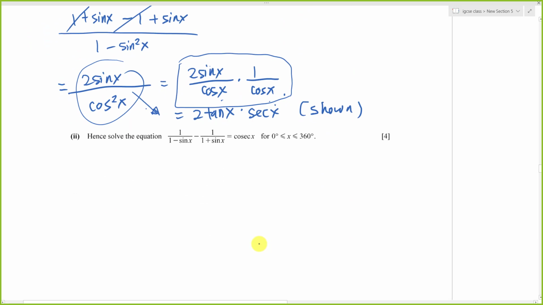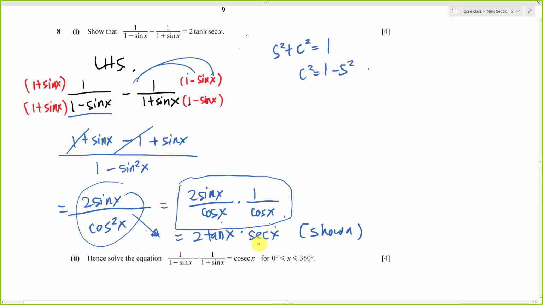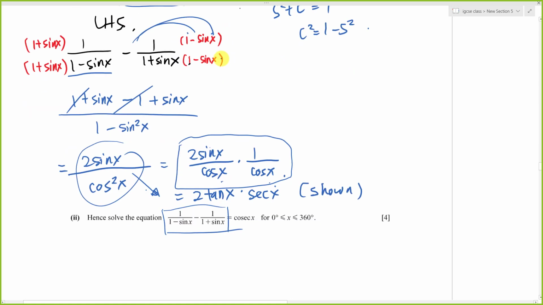Hence, solve the equation. So I will double check my equation of this one. Does it look exactly the same? Because sometimes they will add some value for it. Sometimes they just multiply 2 for it, or they do some plus minus thing. So in this case, it's exactly the same, isn't it? It's exactly the same. Then yeah, good thing is, I can plug in 2 tangent x secant x for it.